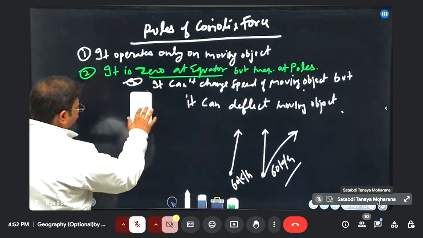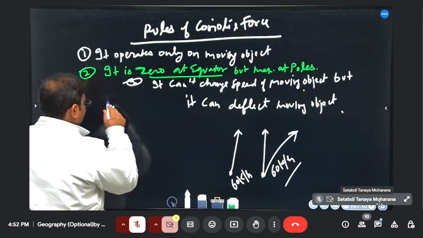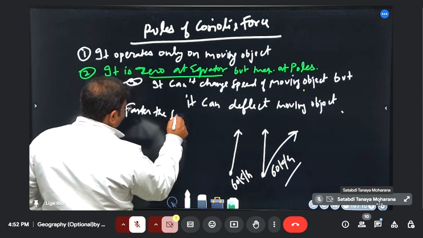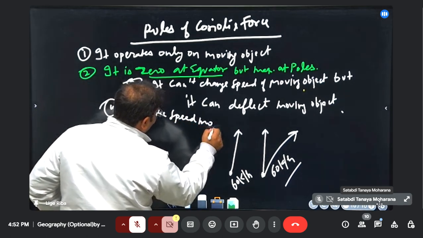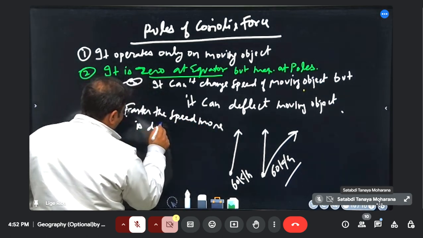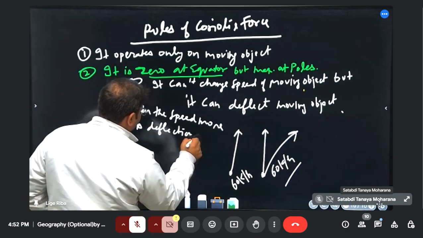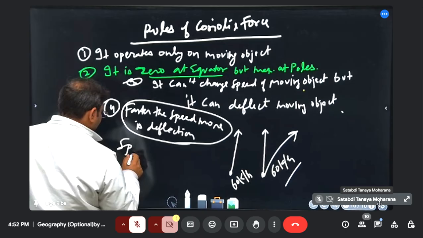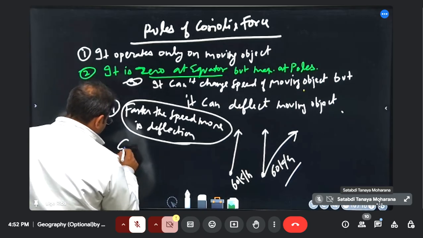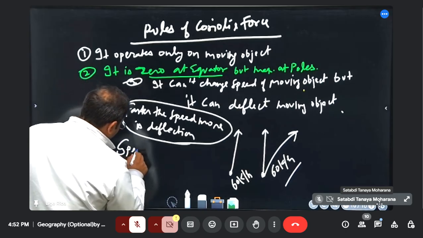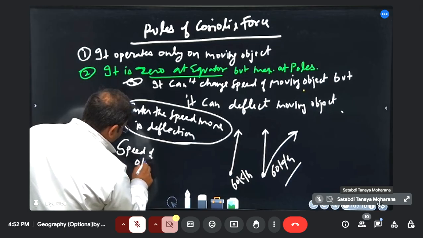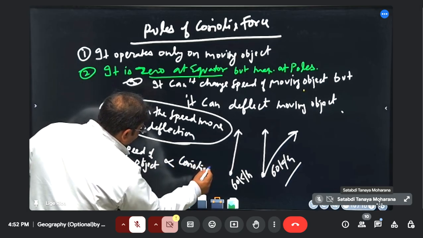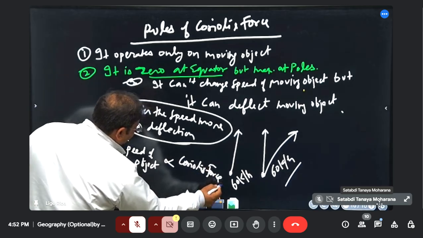Let me write one more point first, the fourth: the faster the speed, the more the deflection. So you can say the speed of the object is directly proportional to Coriolis force. This is the meaning.